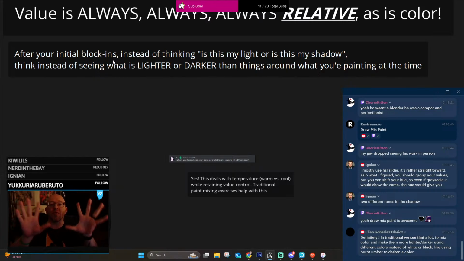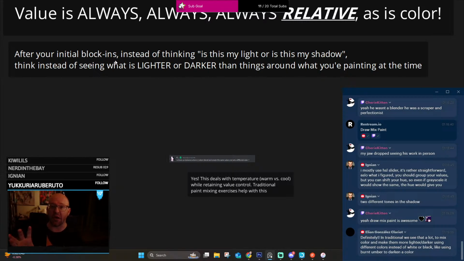Once you have your stuff blocked out, then you start to ask the more relative questions. So instead of being like, this is my light and this is my shadow, think of it as, is this lighter or darker than what's around it? Is this lighter or darker than what's around it? Because we talked, I think a few weeks ago, on the foreground, whenever it's really dark, you don't want to put a super bright highlight.